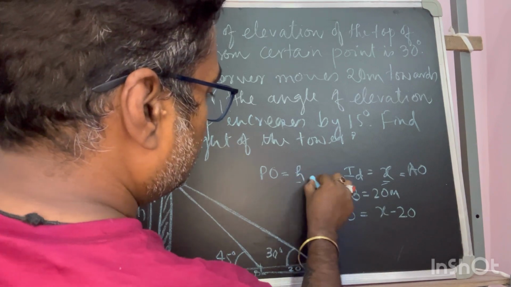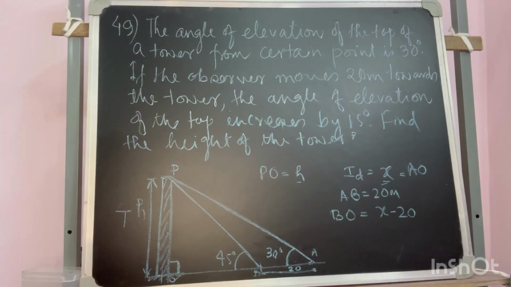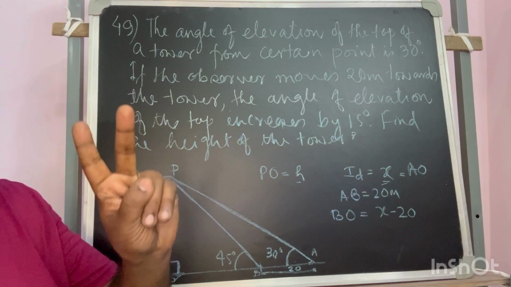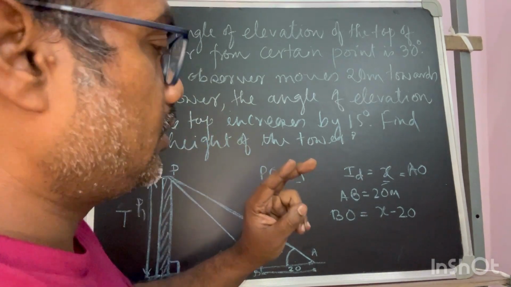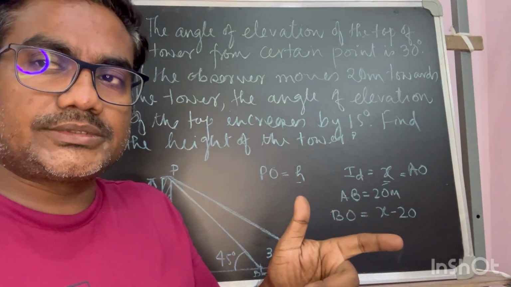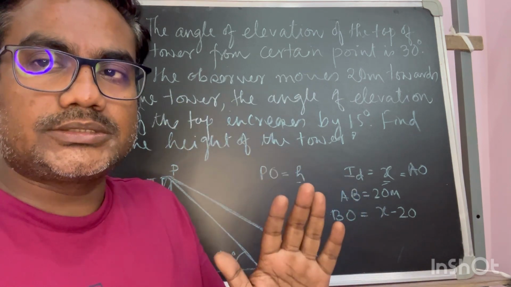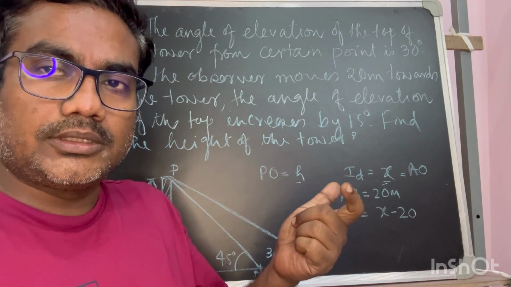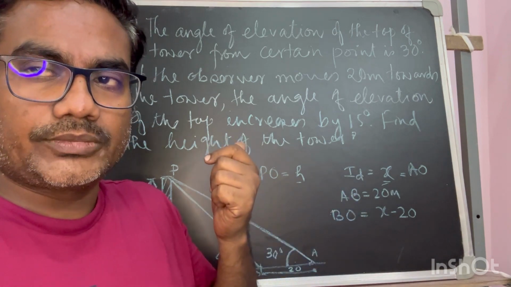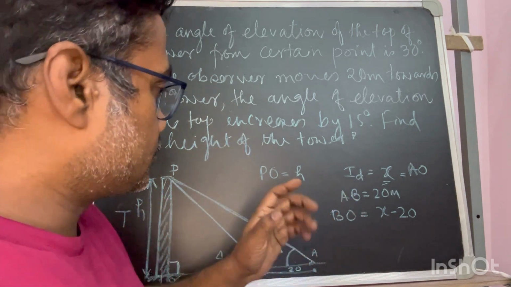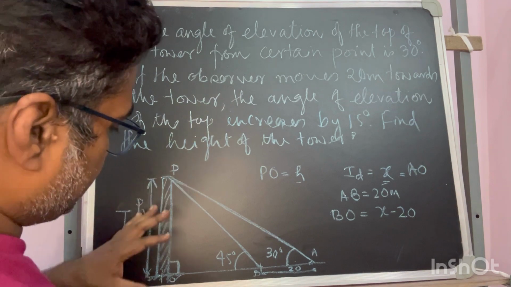So there are two variables. To solve this, I need two equations. That is the thumb rule: however many variables there are, that many equations must be established so that I will be able to solve for them. So what can be done?